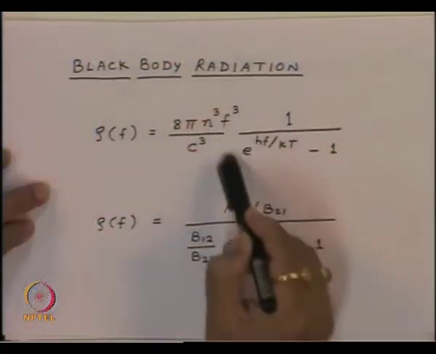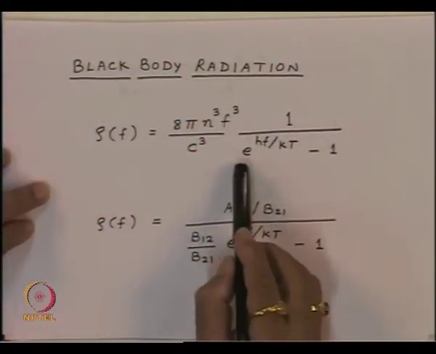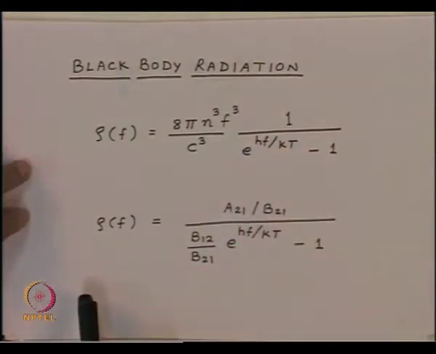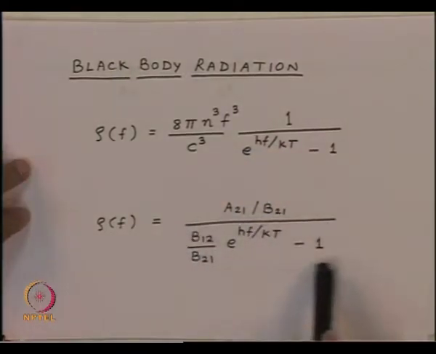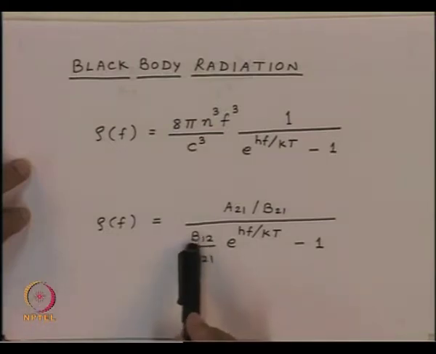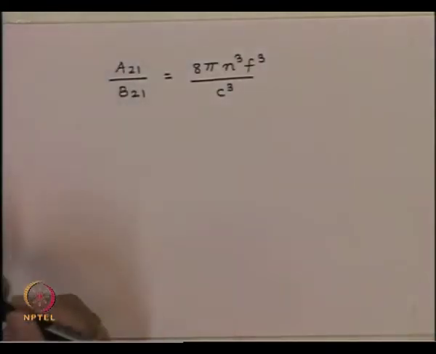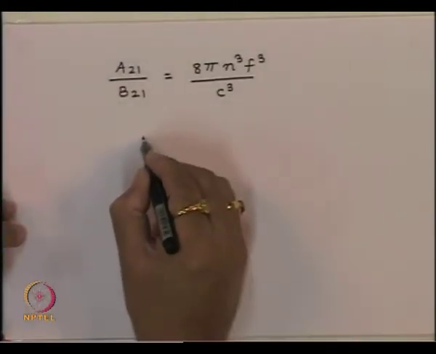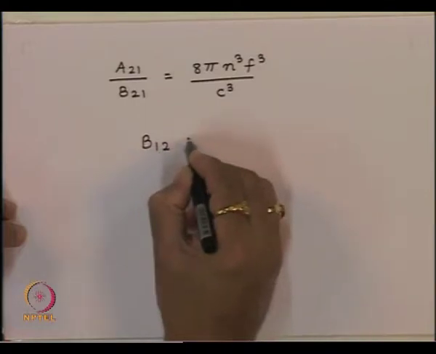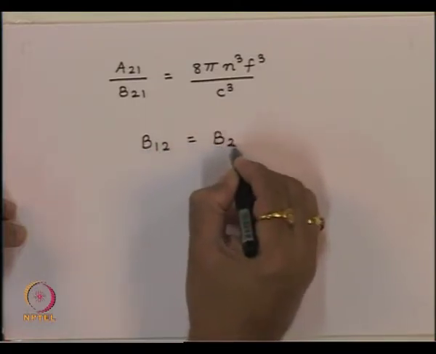The most important and striking thing which we see by comparison of these two expressions is that if I look at this quantity here now, which is 1 upon e to the power hf upon kT minus 1, and compare with this quantity, what we find is that B21 has to be equal to B12. So, the second thing which we see by comparison is B12 is equal to B21.